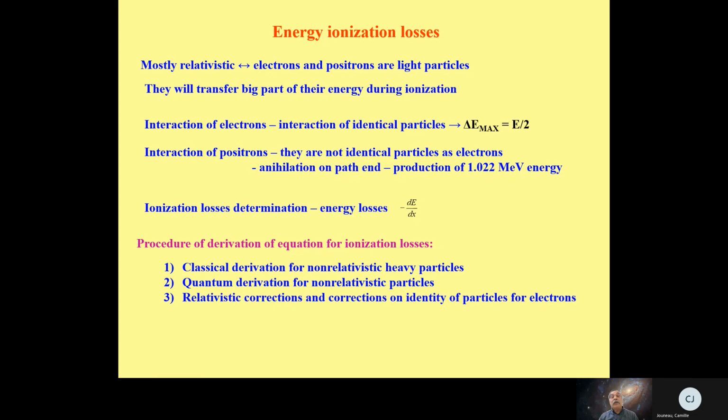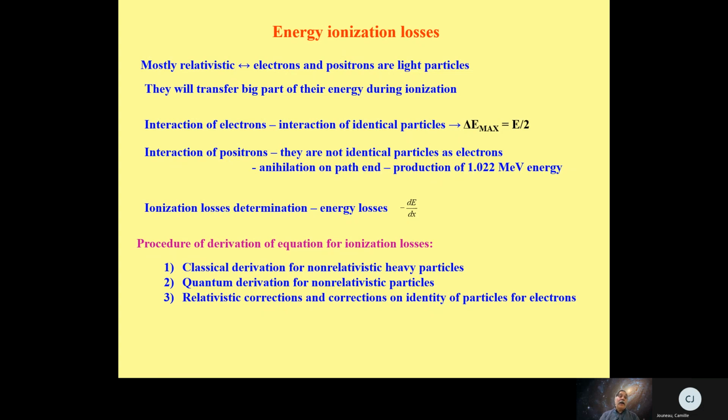But for interaction of an electron or positron with an electron, the masses of these two particles are the same. That means this transfer of energy can also be very big. It's possible for electrons to lose a very big part of their energy during ionization.